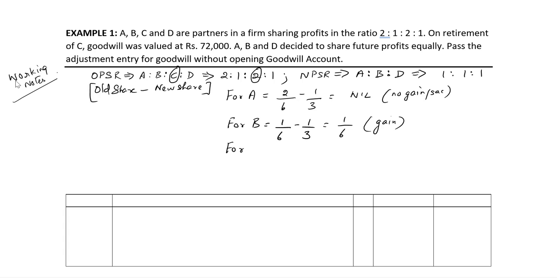As for partner D, old share 1 divided by 6 minus the new share 1/3, again a -1/6. So partner D also has gained. So let's pass the journal entry.